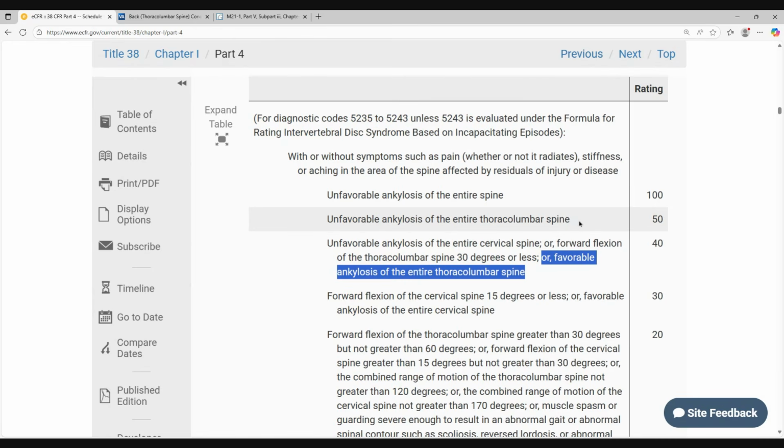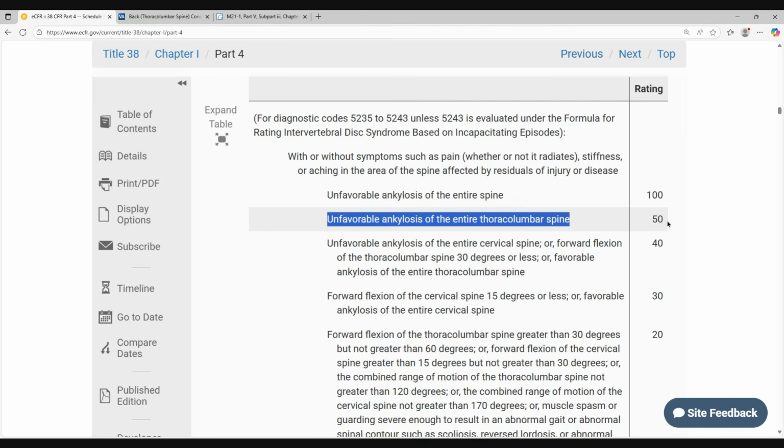So this would be the instance where your back is fused to where you can never sit up. You are currently, like, whatever position it's in. And the unfavorable ankylosis is determined by the examiner and by your medical professional. So if you have a medical professional identify that you have unfavorable ankylosis of the entire thoracolumbar spine, then you could qualify for the 50% service connection.